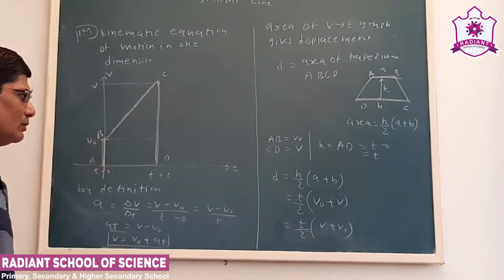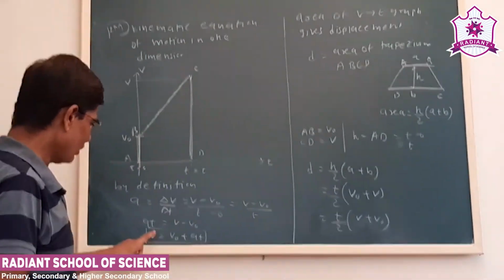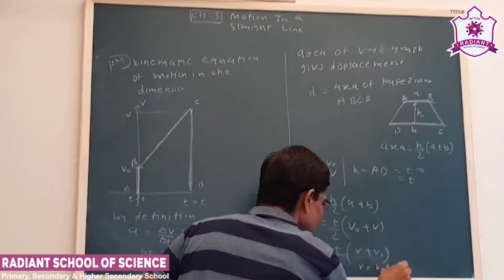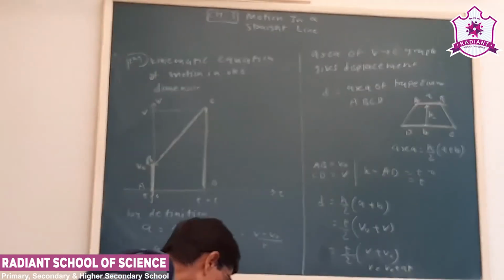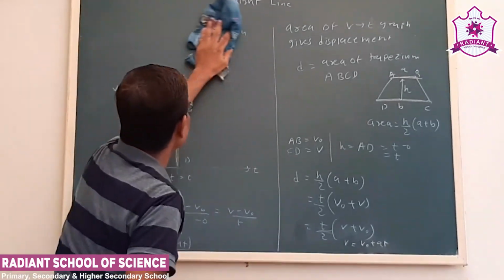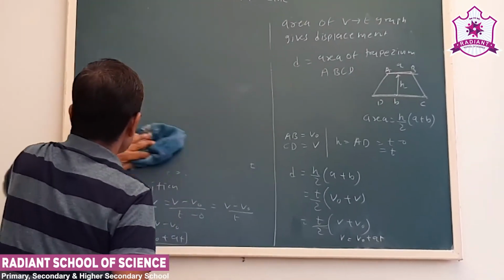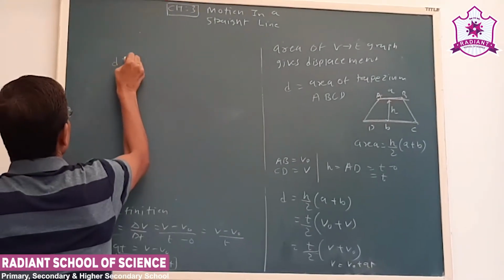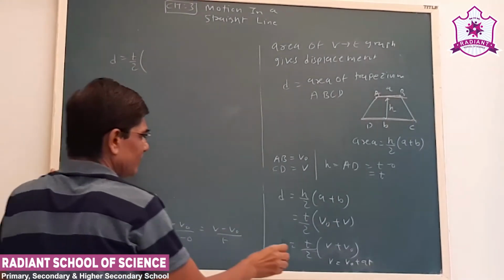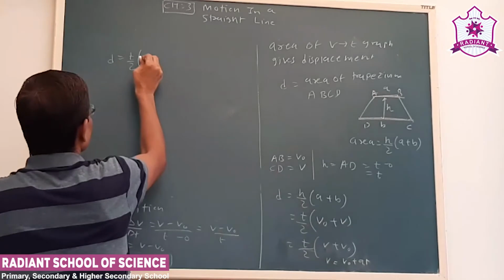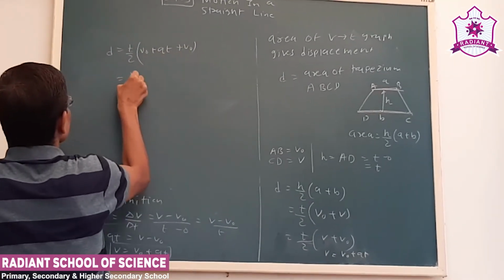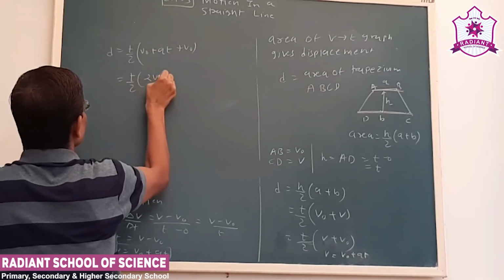Now, just now we have obtained the value of v. We know v is equal to v0 plus at. That value we are substituting here. So d is equal to t by 2 times v0 plus at plus v0, that is, 2 v0 plus at.